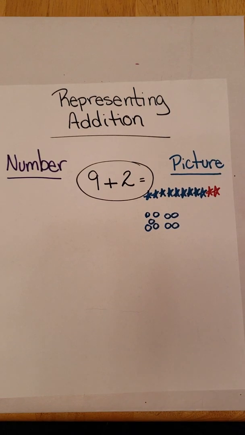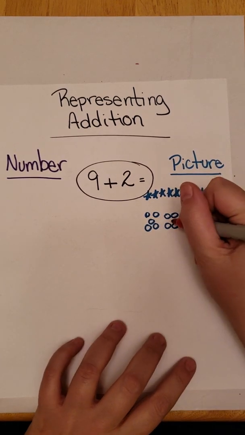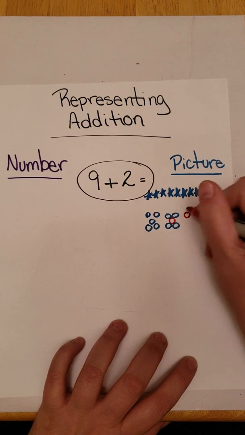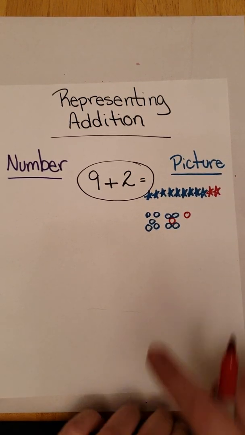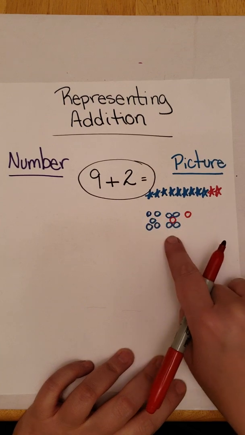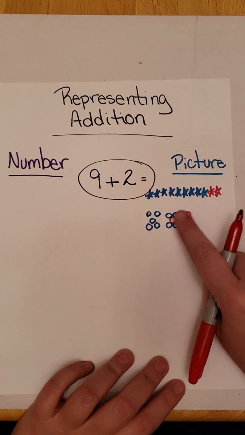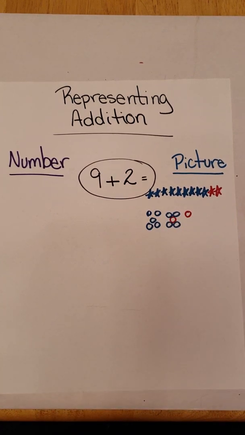And I need to put together with those 9 two more things. I'm going to put 1 thing here and then 1 thing over here. Did I have 9 blue circles? And then did I put 2 red circles together with them? I did.